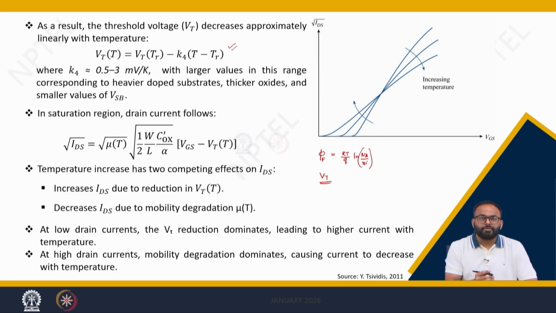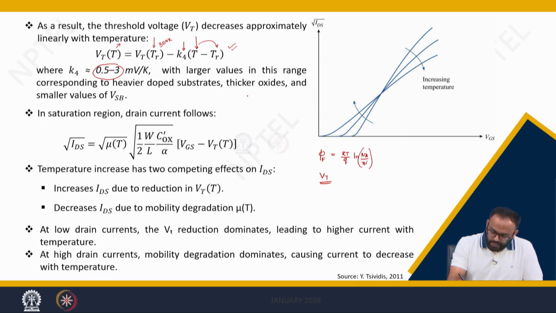The threshold voltage will decrease when you increase the temperature, where Tr stands for room temperature, which is nothing but 300 Kelvin, and T is the absolute temperature at which you want to calculate a particular threshold voltage or current in comparison with room temperature. The value of K4, which is a fitting parameter again, is nearly about 0.5 to 3 millivolt per Kelvin.